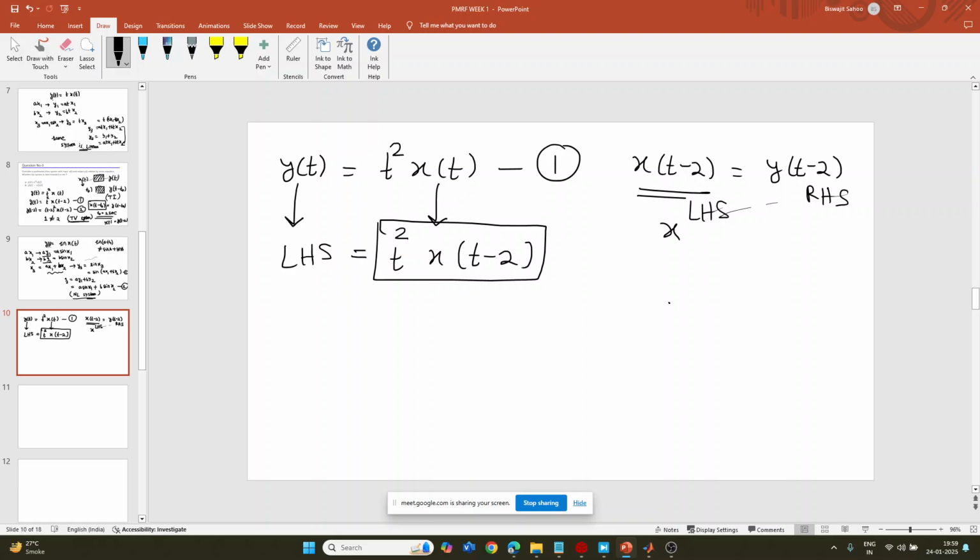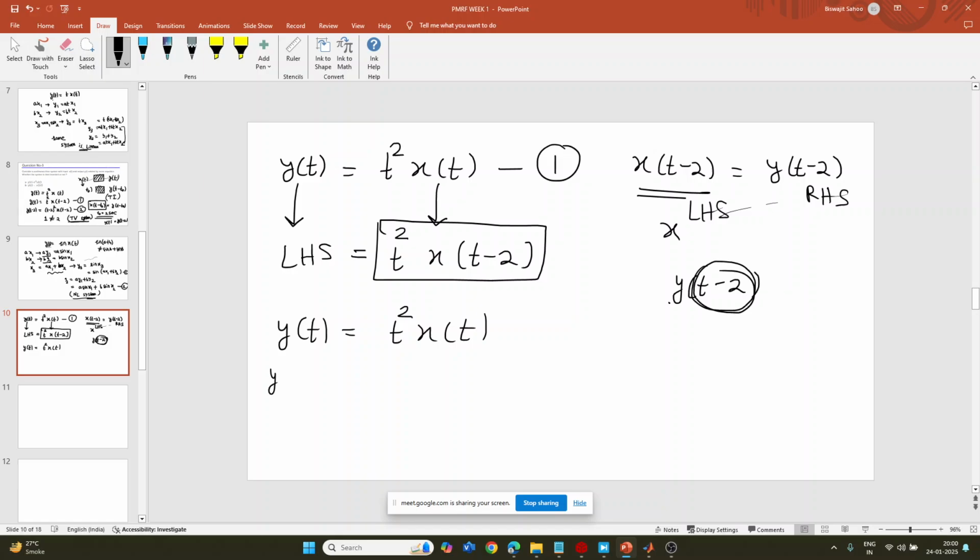Now what the right hand side is saying is that you have to delay your output. But what is my output? Output is y of t equal to t square x of t. To delay the output, wherever t is there in the output, you have to replace it with t minus 2.